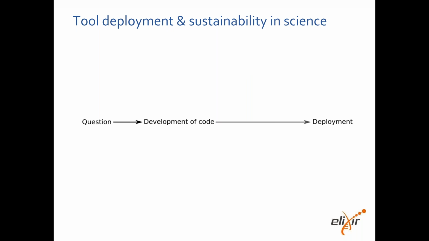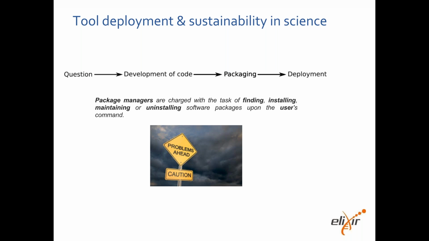So let's start with an eagle-eye view on how tool deployment or sustainability in science usually works. Usually you have a question you want to answer, you take tools or you develop a chunk of code, and then you deploy it to some compute infrastructure, and then you analyze your data. That's, I would say, a normal eagle-eye view on data processing. But usually there's a step in between development of code and deployment: a packaging step.